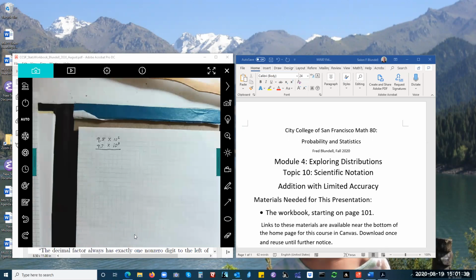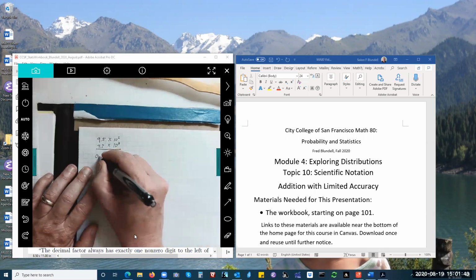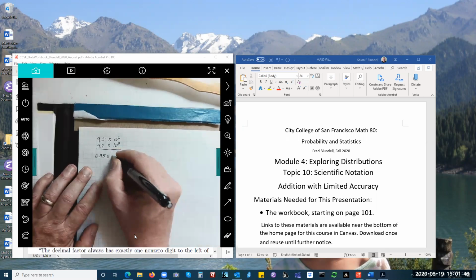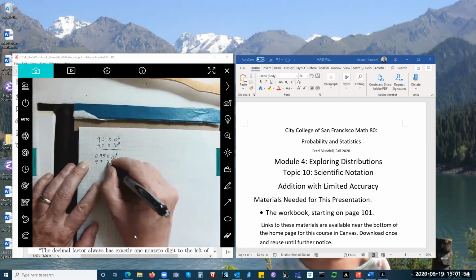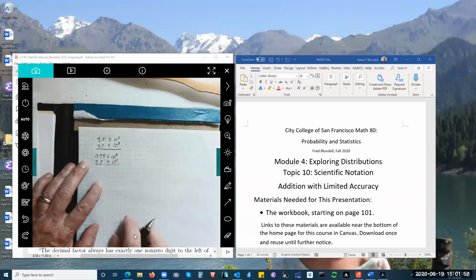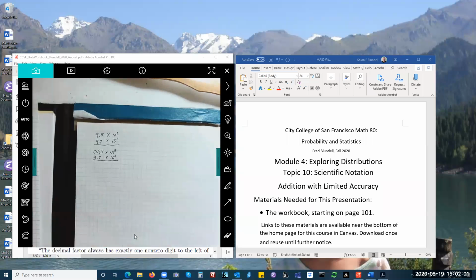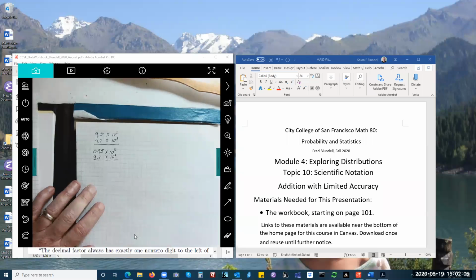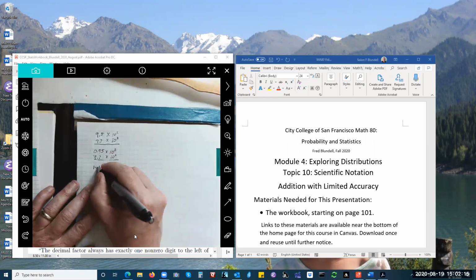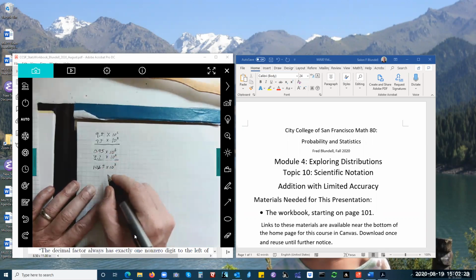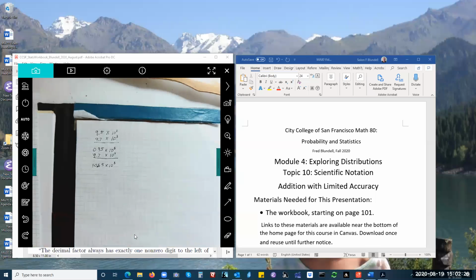So let me do that. And now I can add them both together. And I get 10.65 times 10 cubed.